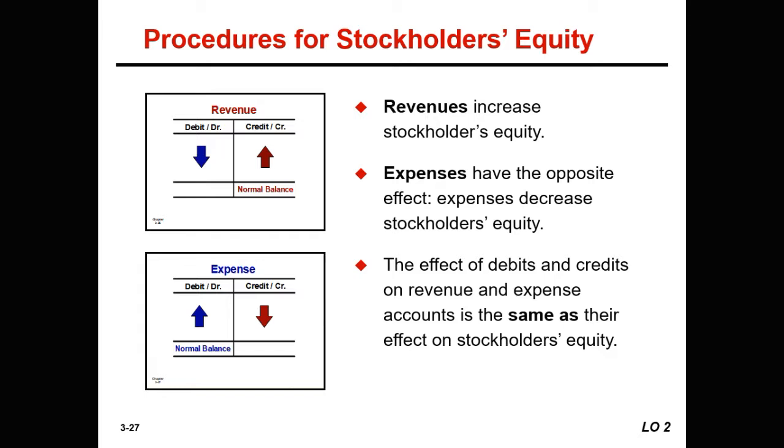The effect of debits and credits on revenue and expense accounts is the same as their effect on the stockholders' equity. Revenues increase stockholders' equity, so the normal balance or an increase would be a credit, whereas expenses reduce or decrease stockholders' equity, so their normal balance is a debit.